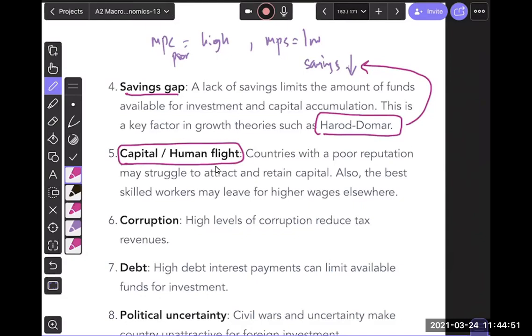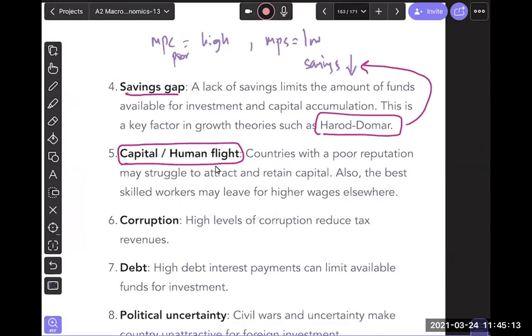Also financial capital sometimes is not retained, and is invested elsewhere. So countries with a poor reputation may sometimes struggle to attract and retain capital, both human capital and financial capital. And that's a big problem that happens.